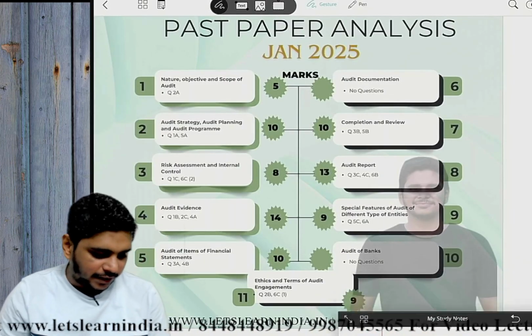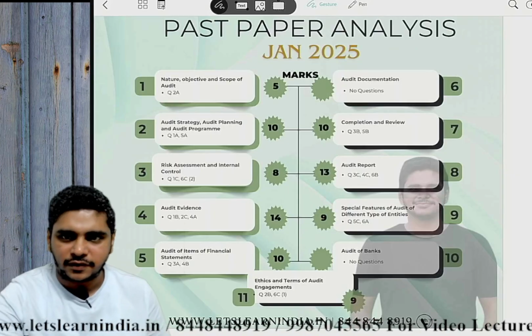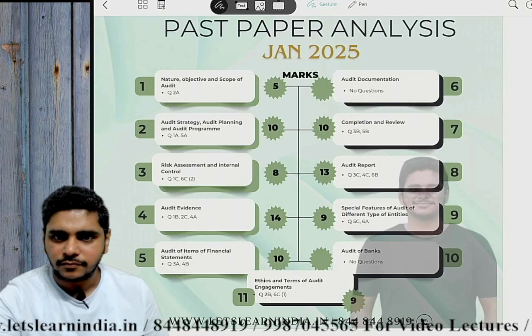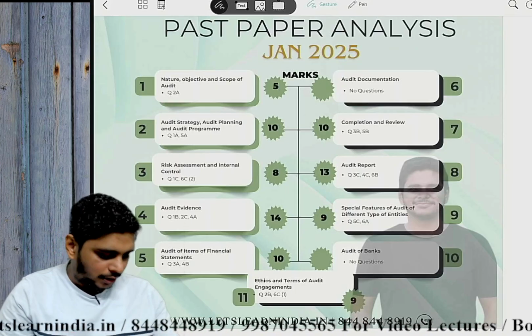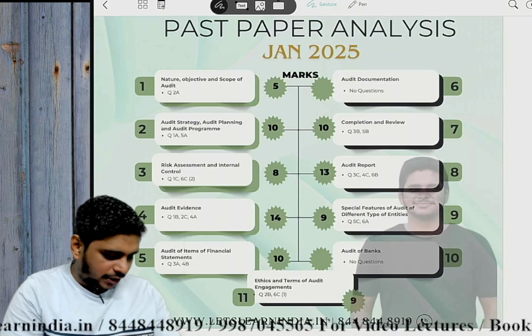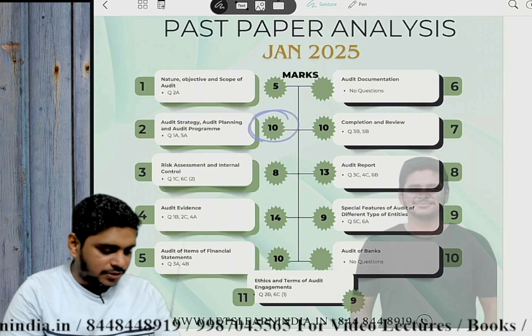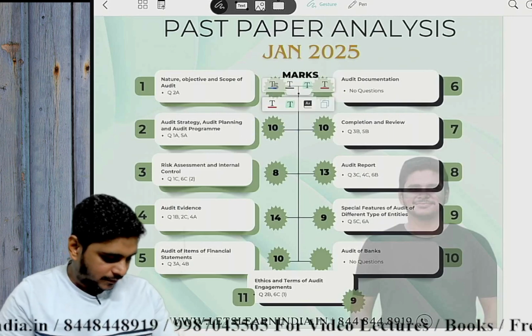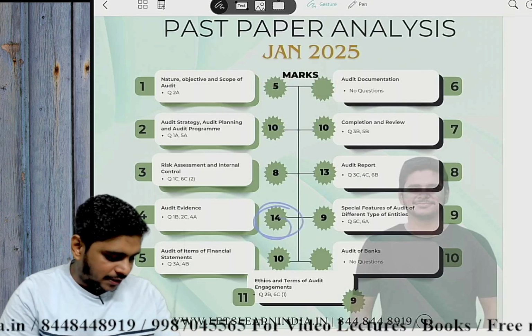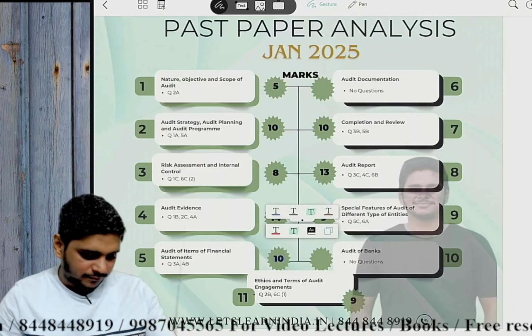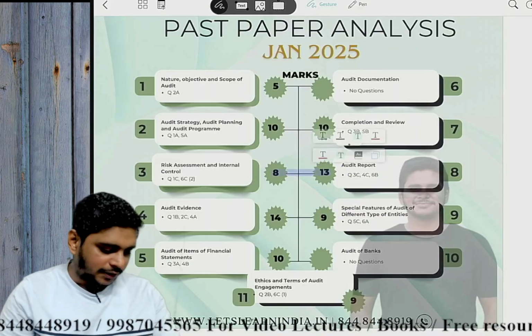This we have made for Jan 25. If you see Jan 25, audit strategy, chapter number 2, came for 10 marks. Audit evidence 14 marks. Items of FS 10 marks. Audit report 13 marks.